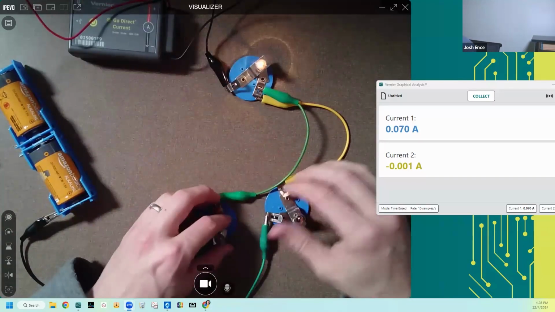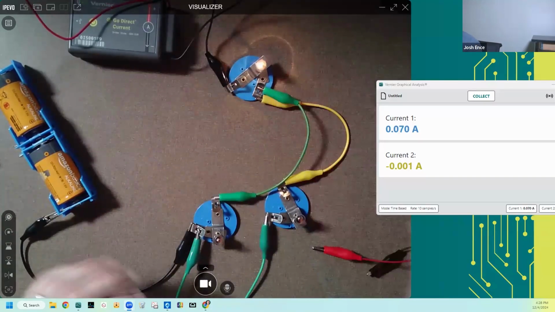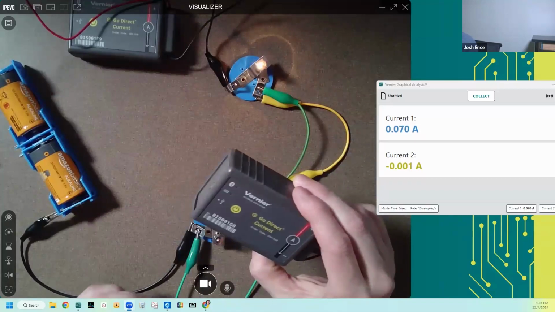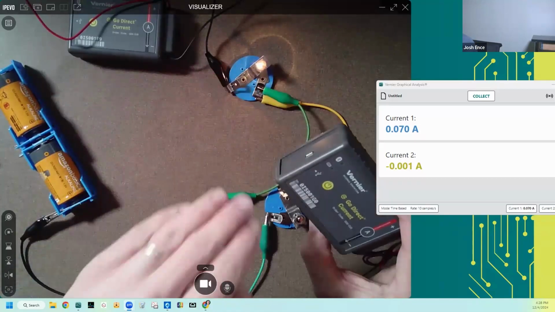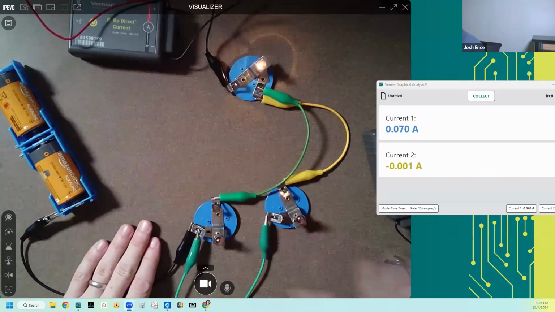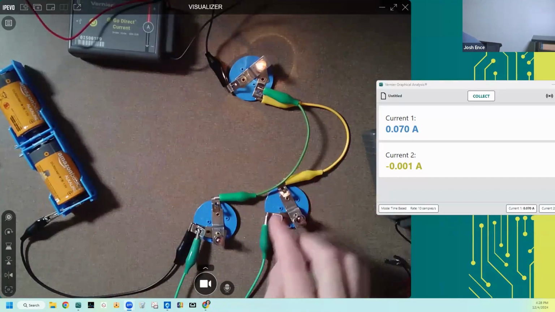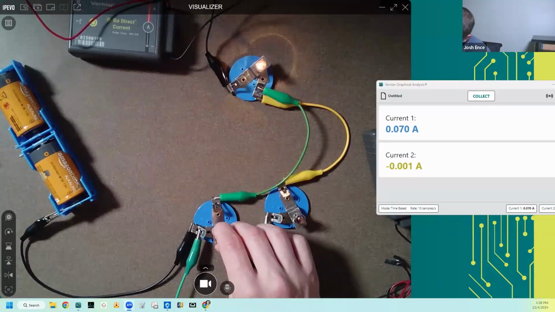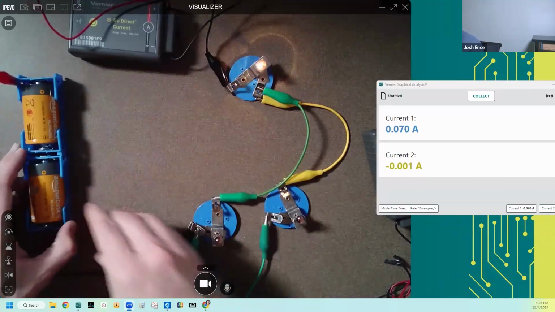Those are really dim. But then I would use my current probe to measure the current through each of these guys, and just like before, I get some good readings showing that they add up together like that.